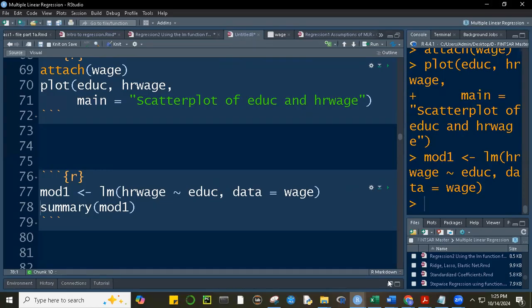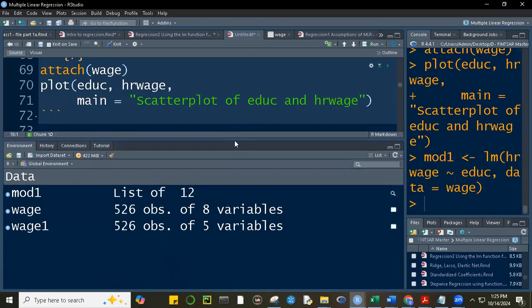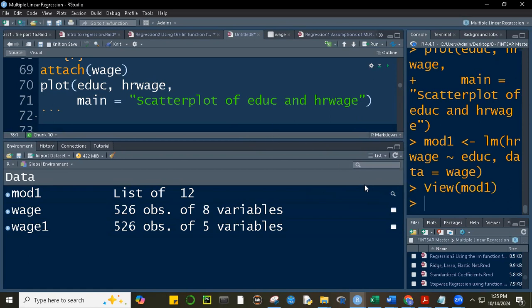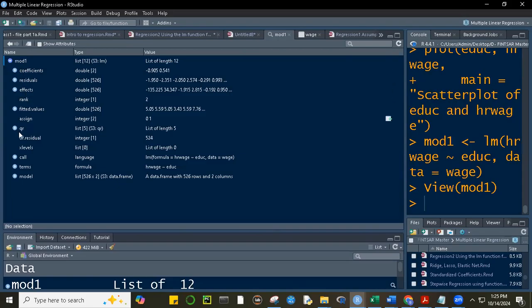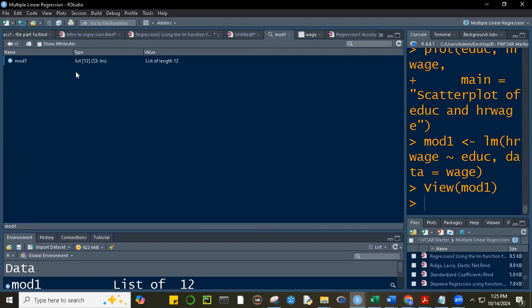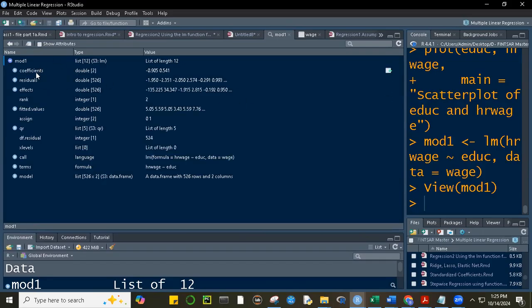Let's take a look at what's in the data, guys. Mod 1. If I click this, what's inside this mod 1? It's a list of 12, the output of our lm function: 12 elements inside this mod 1. There are the coefficients, the result of our regression model.